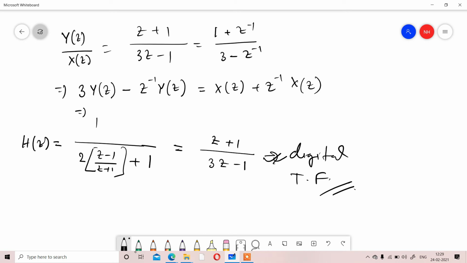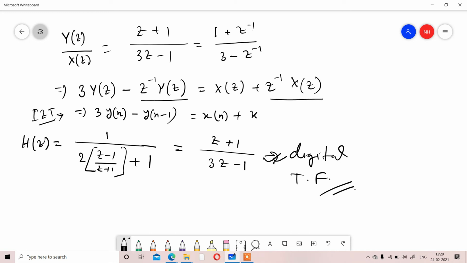So simply if we do the inverse Z transform, here Y(Z) will be y(n), so 3y(n). Minus Z inverse Y(Z) will be y(n minus 1), equal to x(n) plus Z inverse X(Z), which will be x(n minus 1).